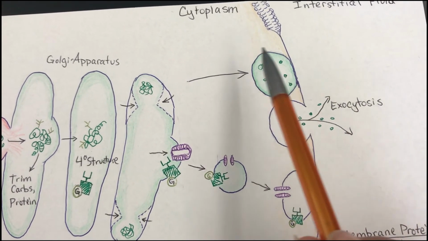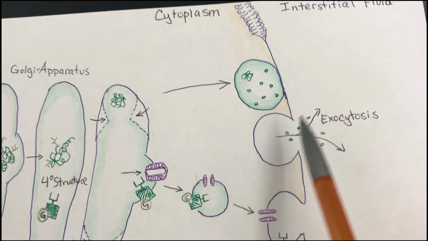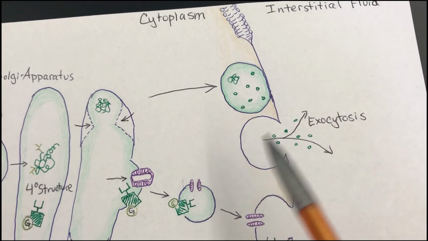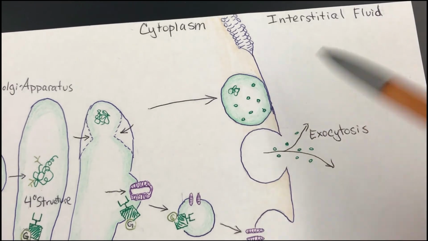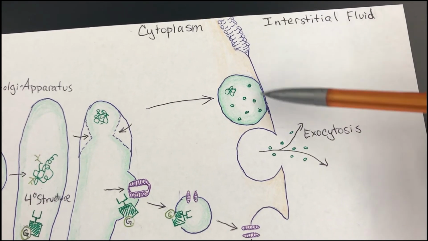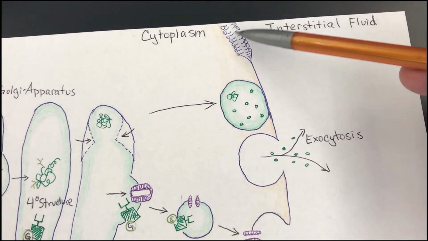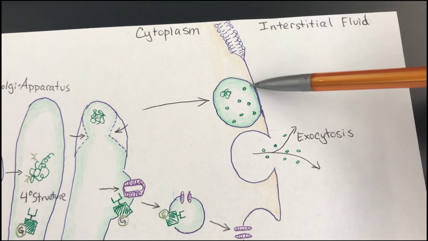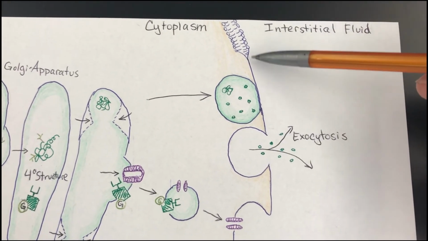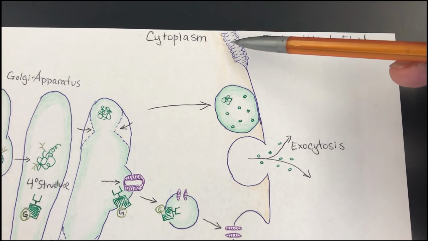Now, once at the surface of the cell, a lot of times these vesicles are just going to hang out until they are triggered to fuse with the phospholipid bilayer. And again, this is a phospholipid bilayer. When I show you this little line here, I'm essentially indicating this. Okay?